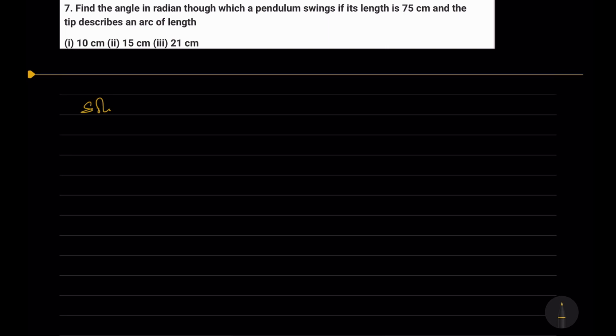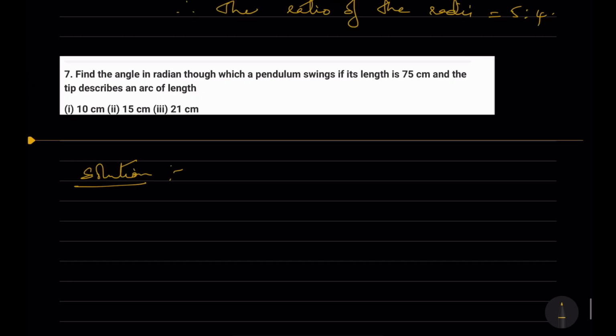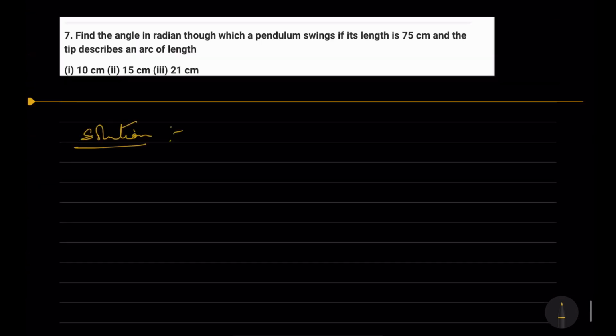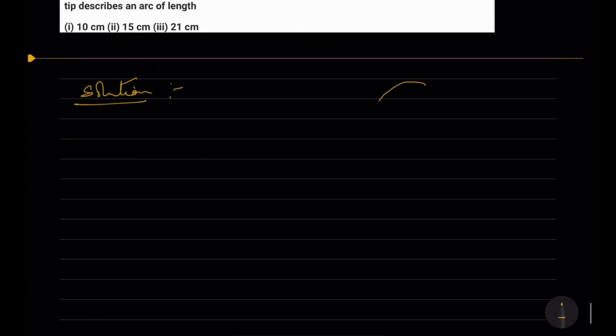So now here you know that in a circle of radius r units, if an arc of length L unit subtends an angle at the center, suppose you're having a circle here, this is the center, this is the radius, and this is the angle subtended by the arc of length L at the center. So therefore theta is equal to L by r.